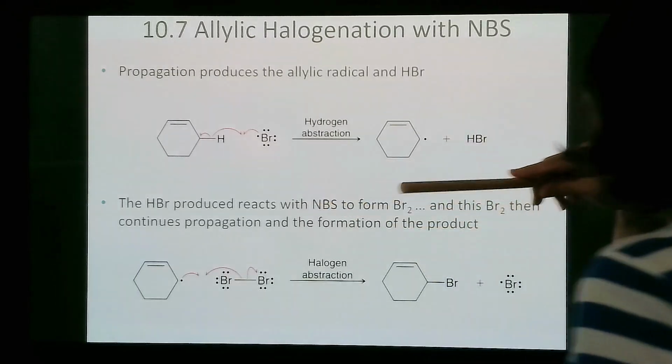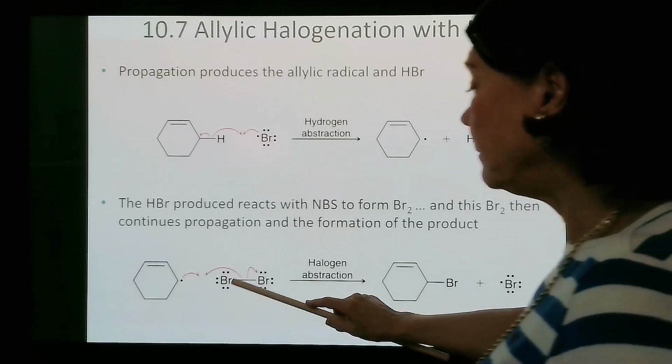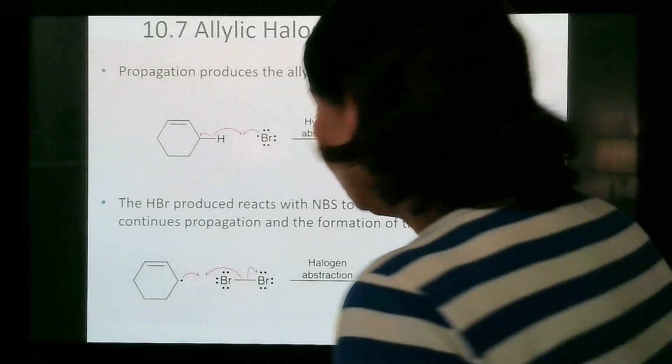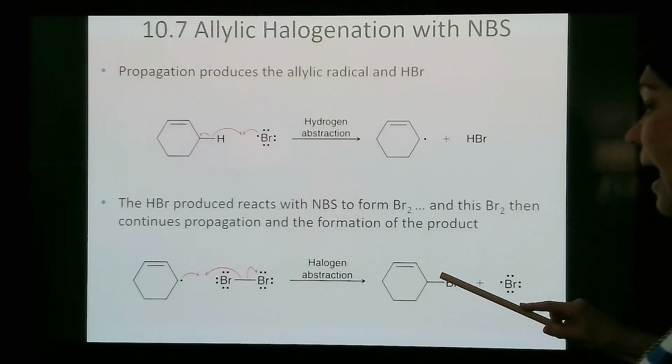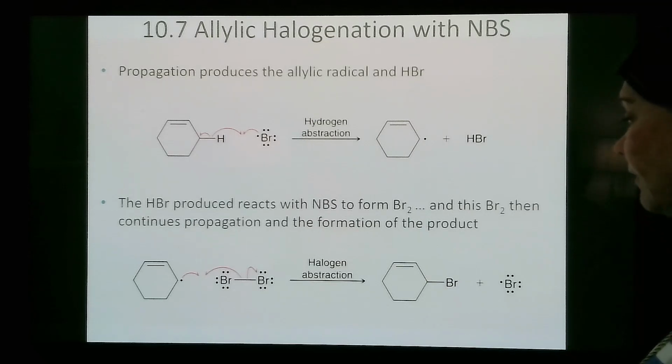So when that happens, you have Br2 reacting with your allylic radical, and that gives you bromination at the allylic position.